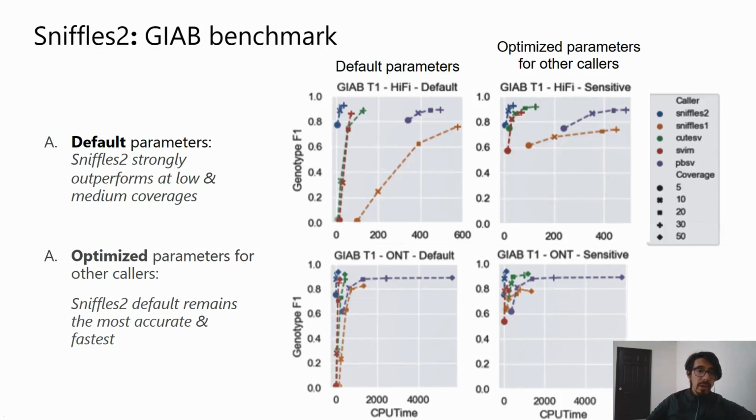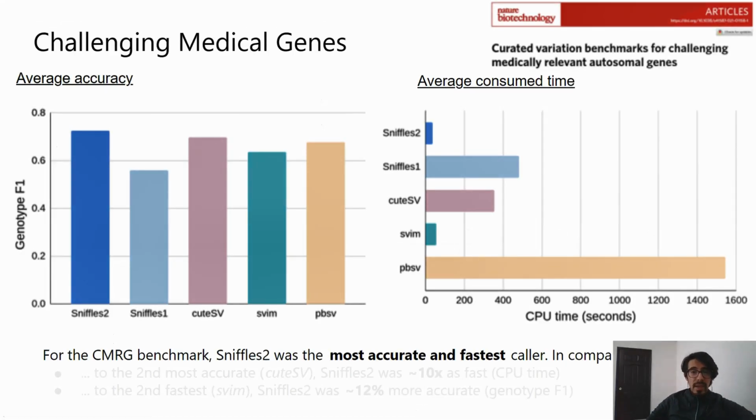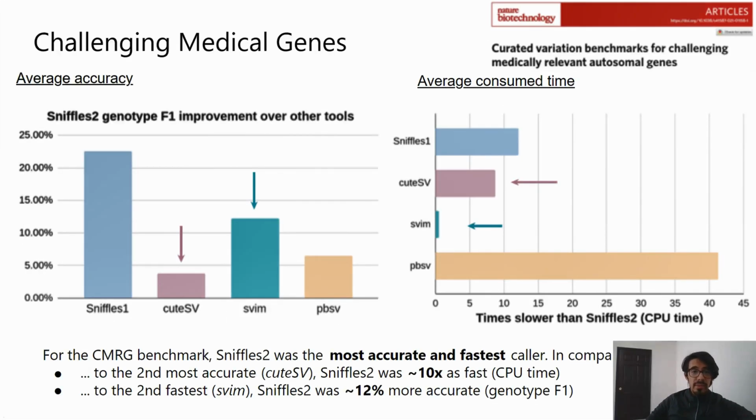Next, we go to the challenging medically relevant genes. In this case, as you can see, in both the F1 genotype and speed, Sniffles 2 is better than all other available tools. When we compare the accuracy and speed of Sniffles 2 against the other tools, we can see that if we take the second best, which in this case is CuteSV, CuteSV took almost 10 times the CPU time.